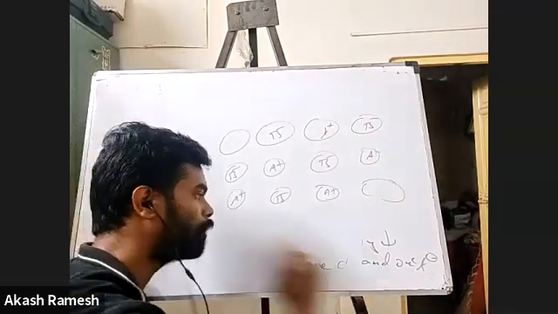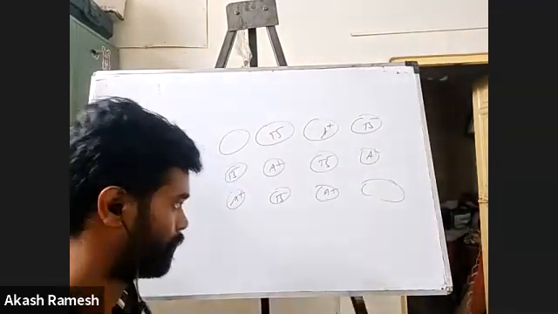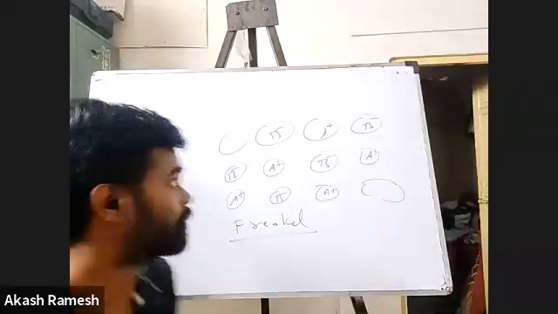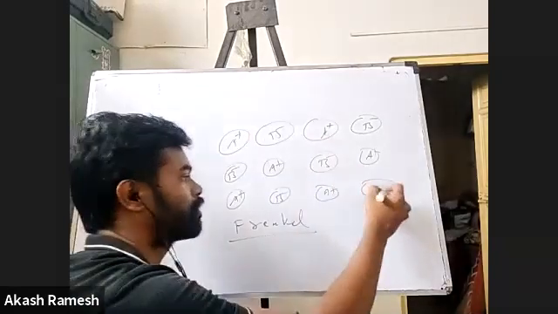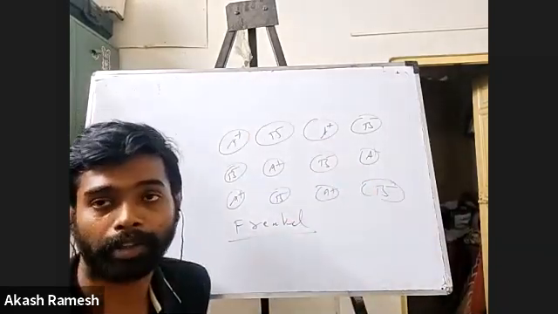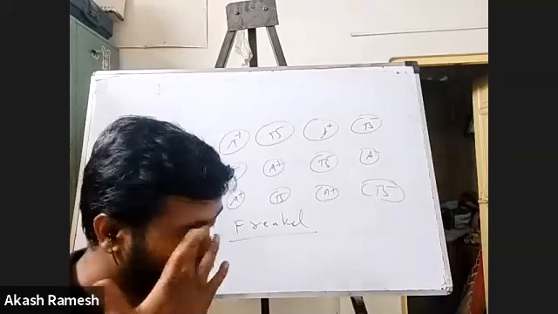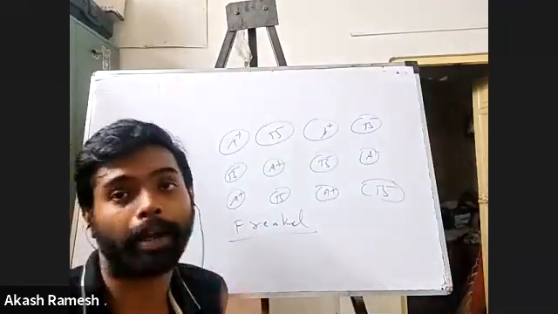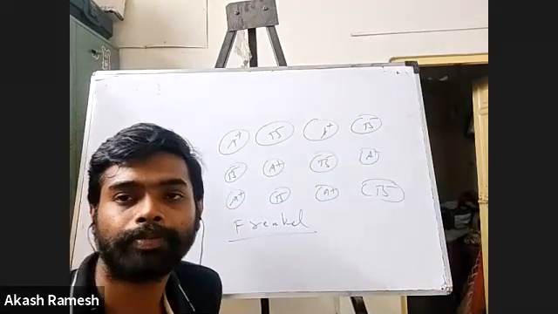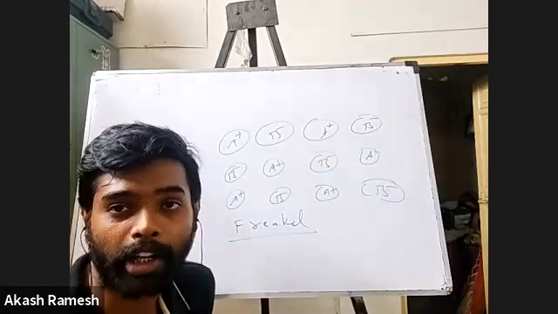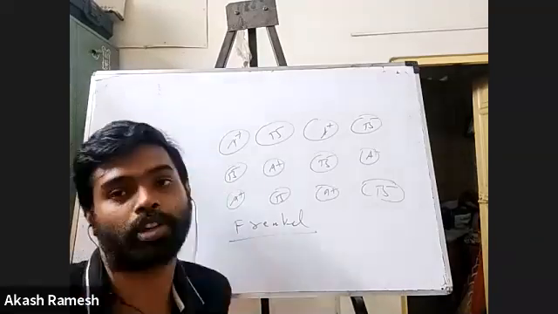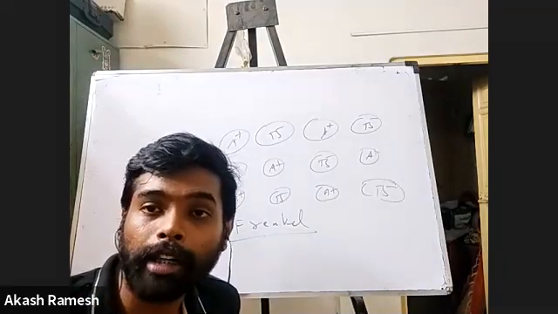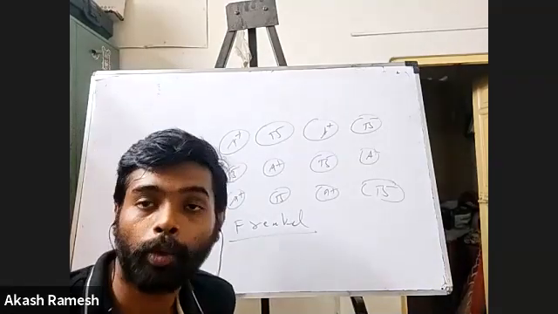Now, when I go for Frenkel defect, again I'll write all the stuff. This is the perfect crystal, my perfect crystal with no defect. So in Frenkel defect, what happens is one of the cations is not going to be at its position at all. So where is it going to be?